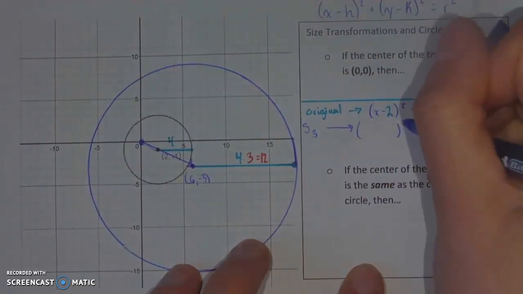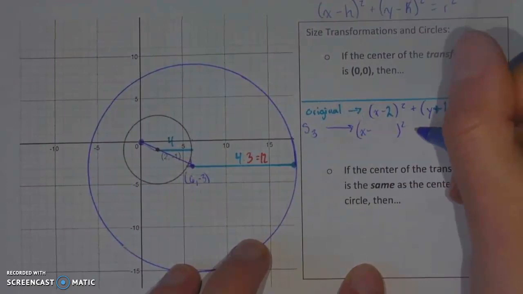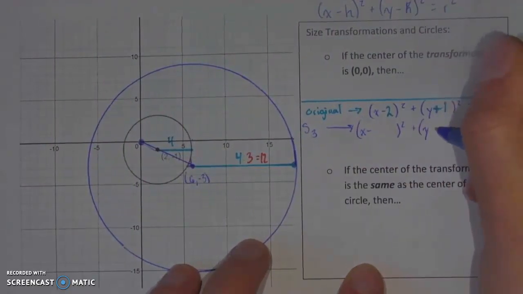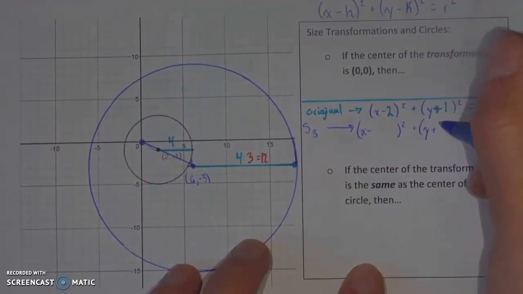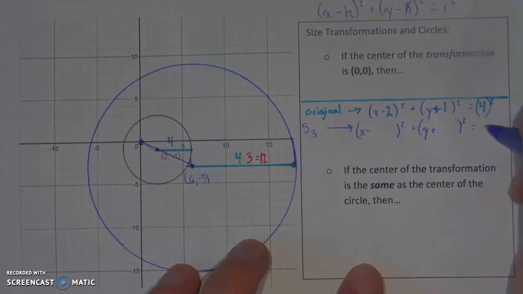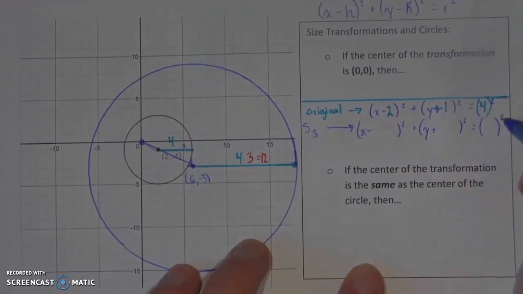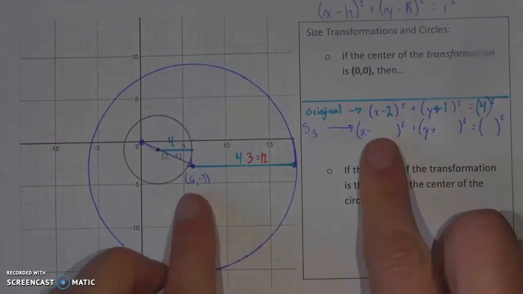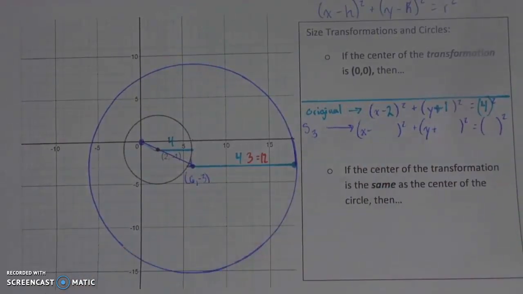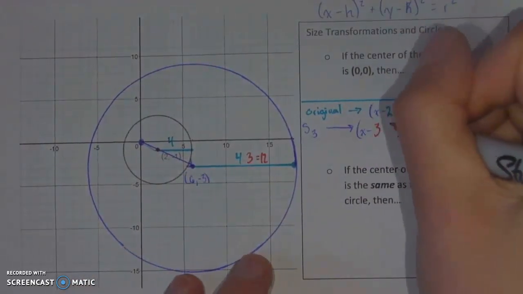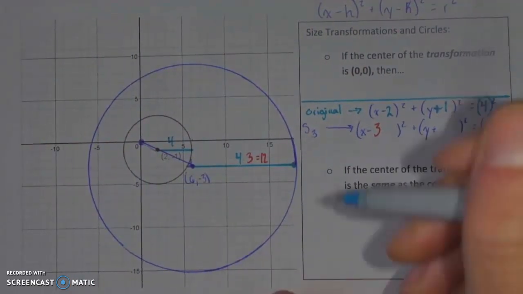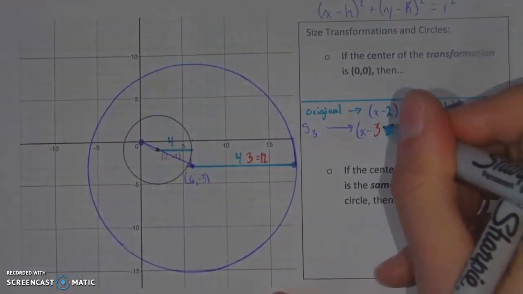I know that my original equation is still x minus something plus y minus something, or in this case plus something, is equal to my radius squared. In order to get the 6, I did my size change times my original of 2.